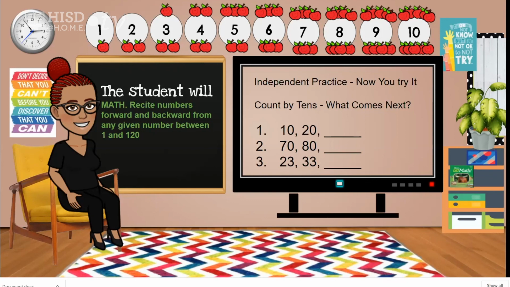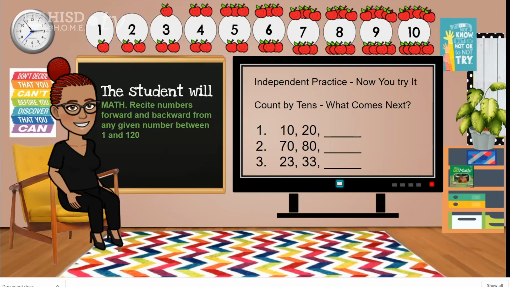What did you learn about skip counting? Let's review what we talked about today. Today we said that you can count forward and backwards from any given number using a 100 chart. You can also draw pictures to help you. We said when we use a 100 chart and count by tens, all of the numbers are in the same column.